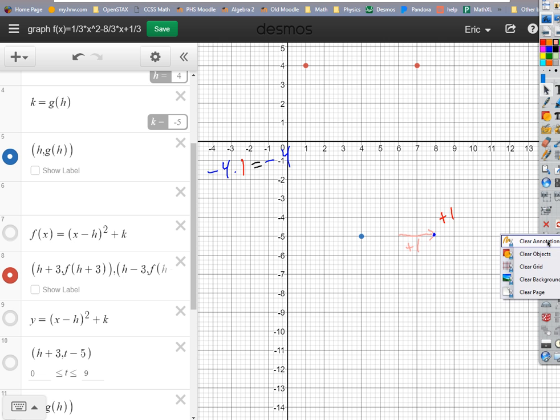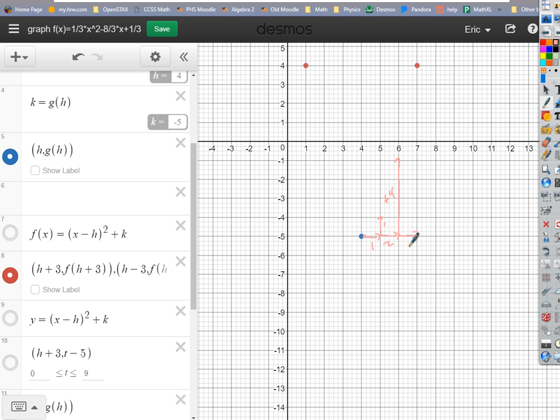Normally, we would start at the vertex and go over by 1 and up by 1 squared, which is 1. We could go over 2 and up by 2 squared, which is 4.